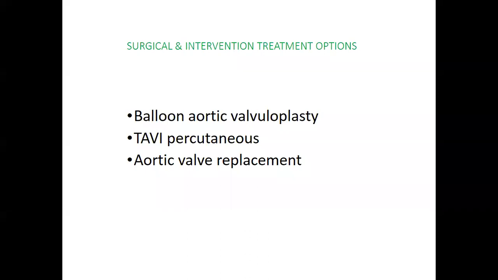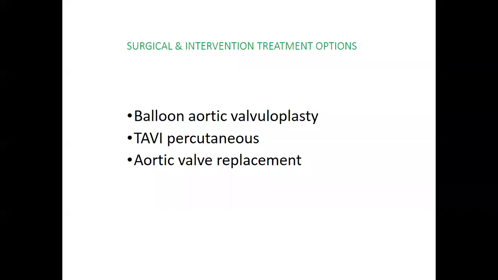Few valves have been replaced even in Pakistan. So this program is now developing here in Pakistan and has been established in different countries like Europe and the United States and other developed countries of the world. So you can percutaneously replace the aortic valve. This procedure is known as the TAVI.